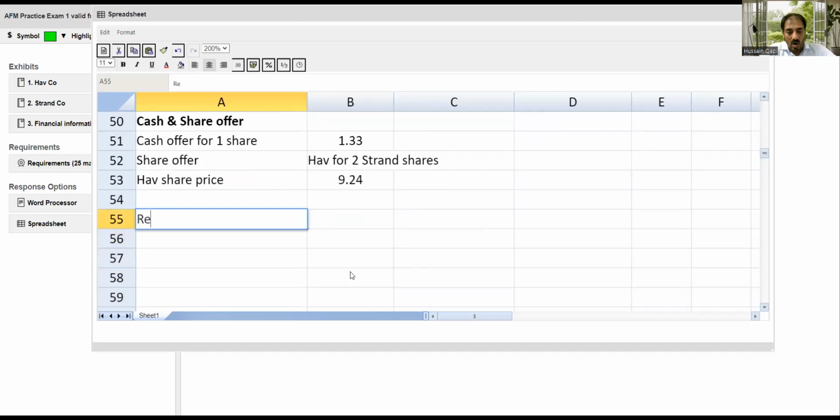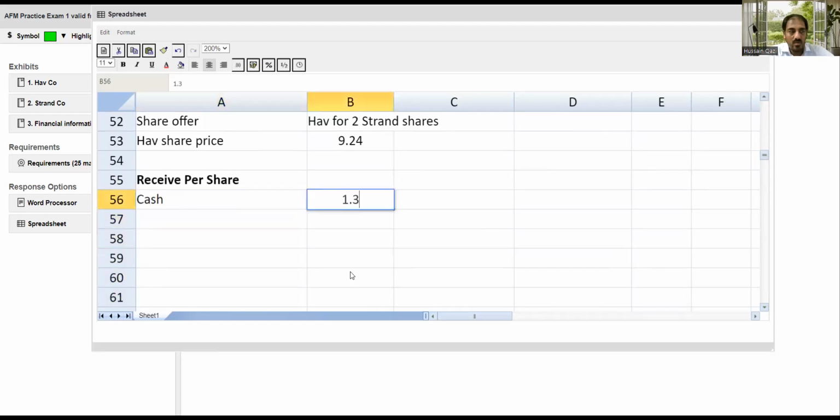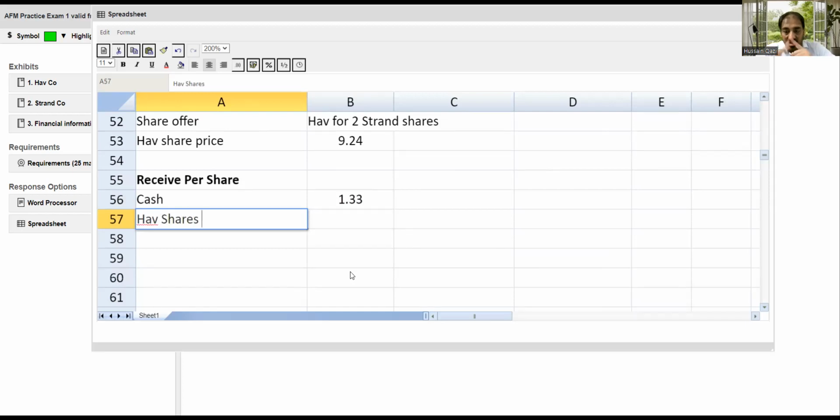So now analysis. What in this case, what does Strand receive per share? Simple. Number one, receive cash 1.33. Number two, Have shares. We are here talking about the denominator of one share.